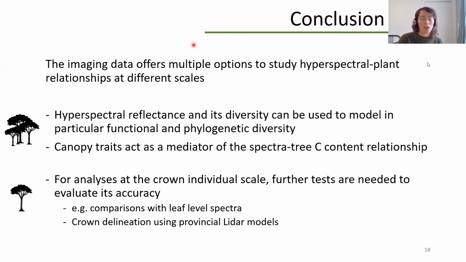For the tree crown scale, it would be super interesting to compare the reflectance data from the imaging data, for the single tree species, with those from the leaf level spectra, to see whether it would make sense to go further and try to classify trees using hyperspectral data.